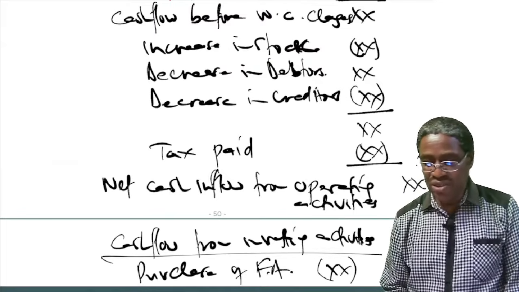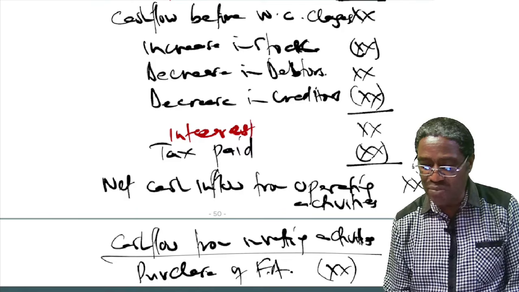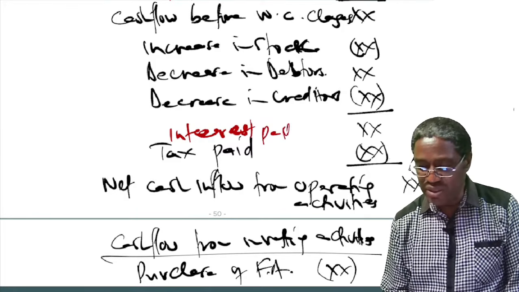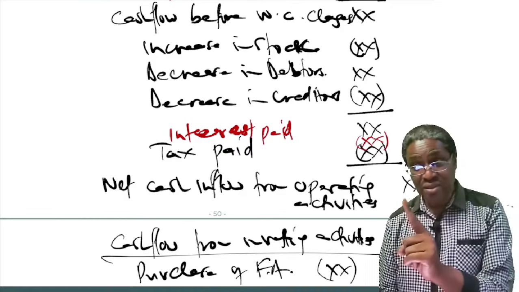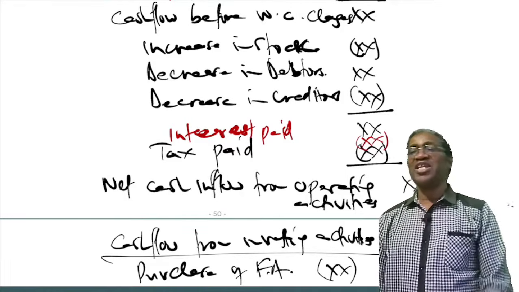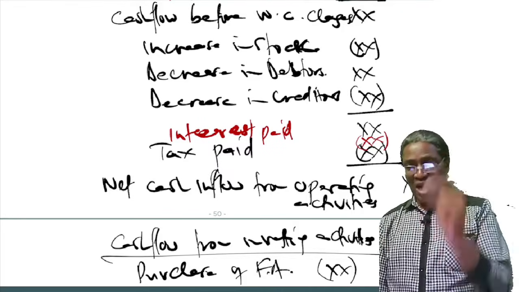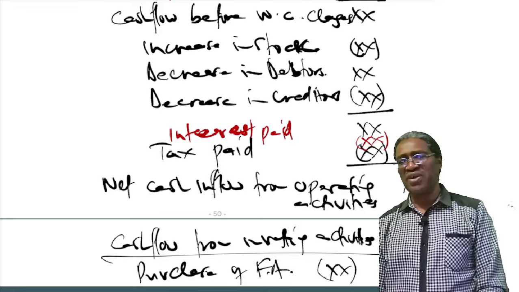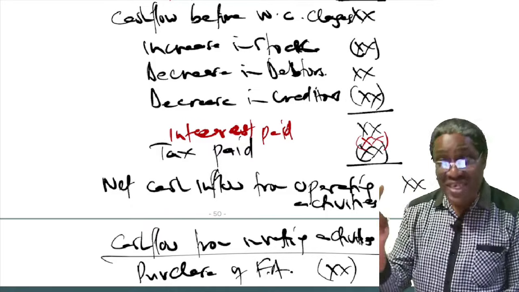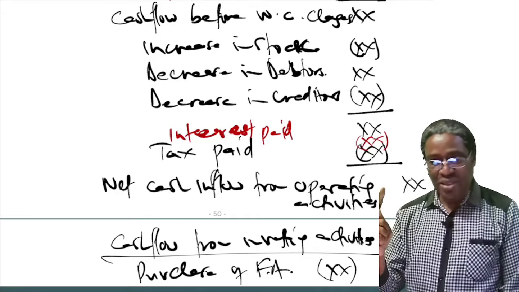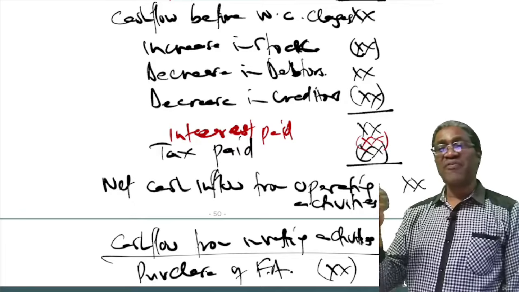You may find some questions or some books bringing here interest paid, not interest charged, together with the tax paid. It's allowed. The accounting standard on cash flow, which is IAS number 7, allows interest to be treated as either part of the operating or as a financing.